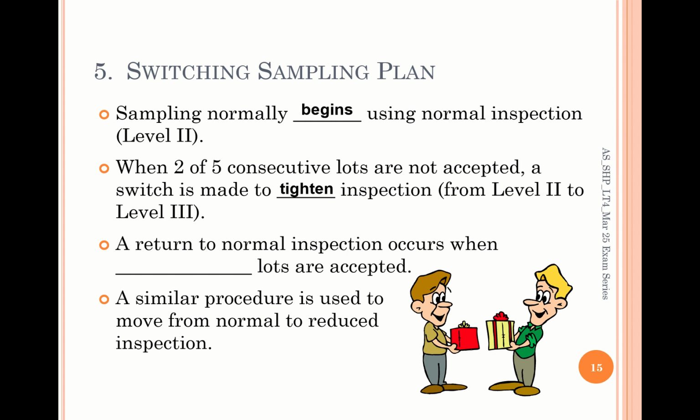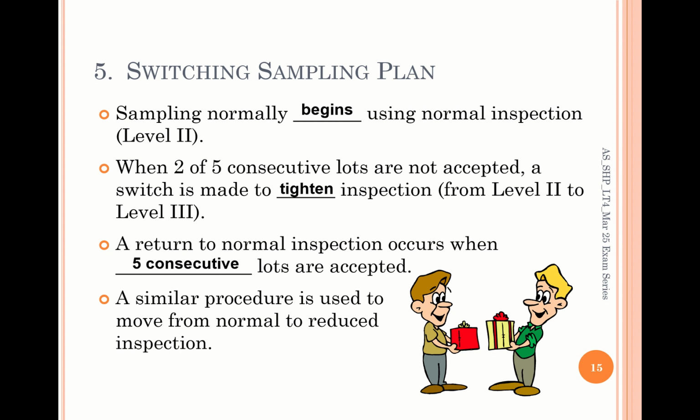This is why when you have 2 rejected lots out of 5, you should tighten it and treat it as a more precious product, level 3. You produce your product more carefully so that you have fewer rejects. That's the whole idea. You only go back to your default when the next 5 are okay.